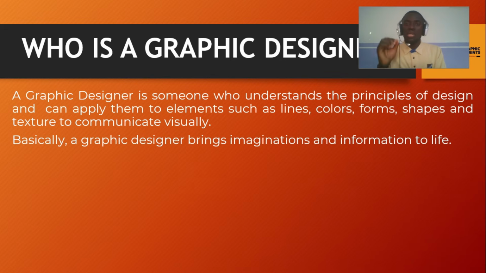So if you are able to use the principles of design, apply them. It is the principles of design or the elements of design, the lines, the texture, the shape, the space.